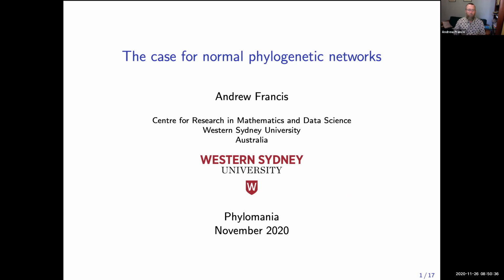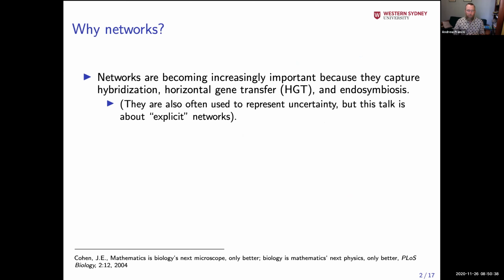So I think some of these things on this first slide you probably don't need to know because you've already seen several network talks, and I know everyone knows that networks are the most important things out there. But basically, there are a number of different manifestations of networks, of course, and SplitsTree and NeighborNet are one of them.